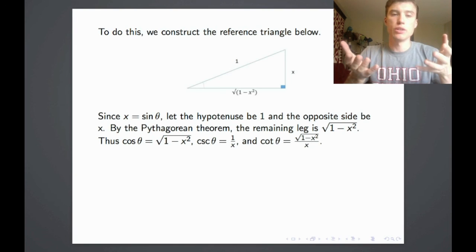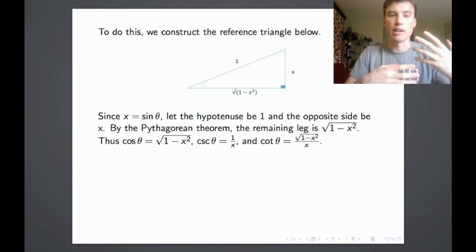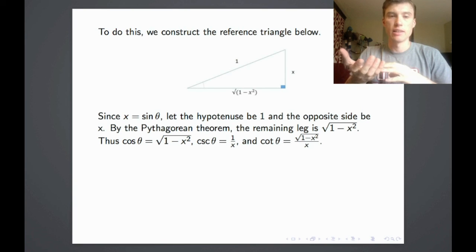Hence, we can use our SOHCAHTOA method to identify the unknown trig functions. Cosine theta is adjacent over hypotenuse. Hence, it is the square root of 1 minus x squared over 1, or just the square root of 1 minus x squared.